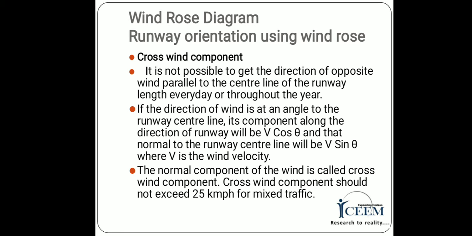If the direction of wind is at an angle theta to the runway center line, its component along the direction of the runway will be v cos theta, and that normal to the runway center line will be v sin theta, where v is the wind velocity. The normal component of the wind is called the crosswind component. The crosswind component should not exceed 25 km per hour for mixed traffic.